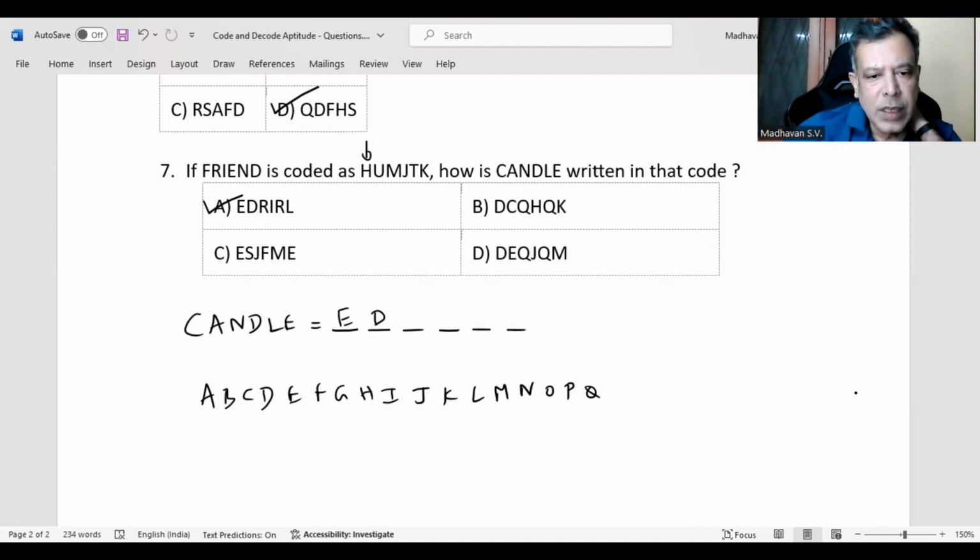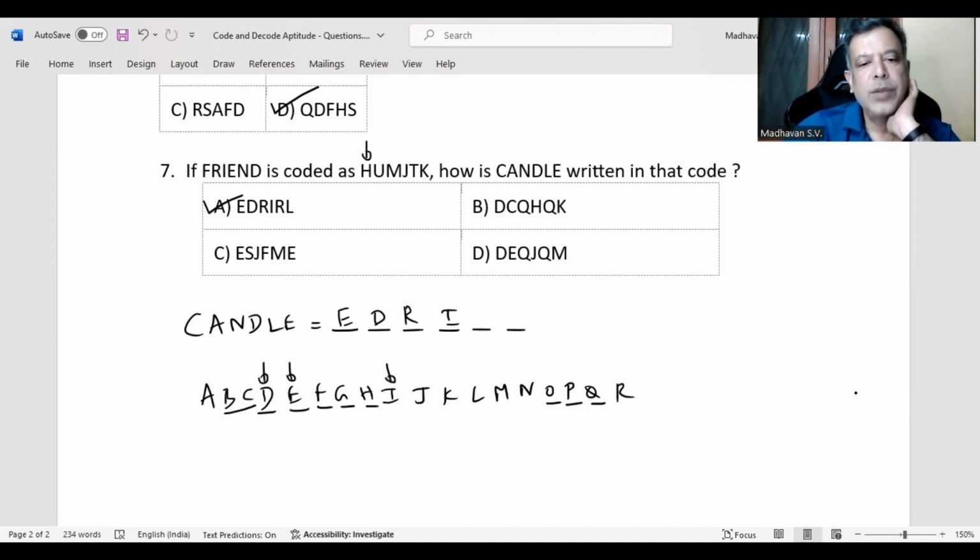So for C, you skip one letter and wrote E. And for A, you skipped two letters and you wrote D. For N, you have to skip 3 letters, M, N, O, P, Q, R I should write. For D, I should skip 4 letters, 1, 2, 3, 4, and then I should write I.